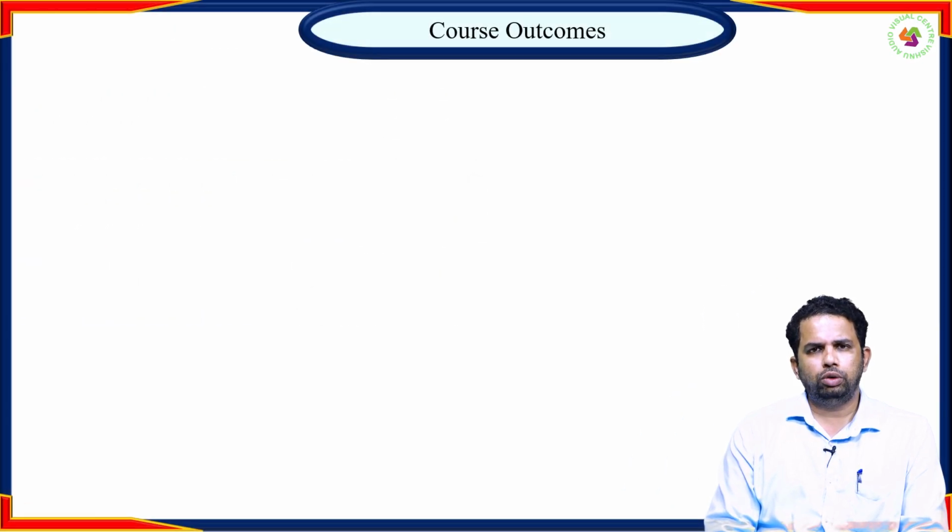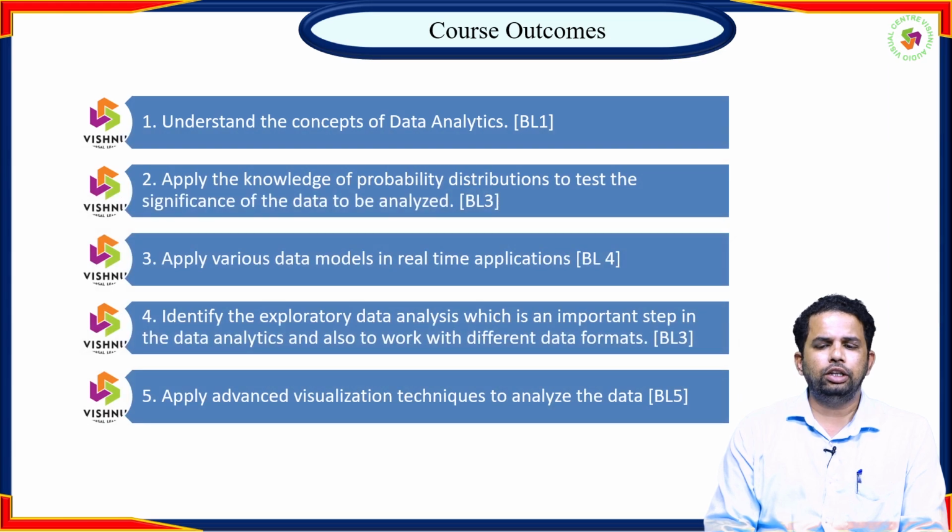The course outcomes are understanding the concept of data analytics, which relates to Bloom's level 1, a basic understanding purpose; applying the knowledge of probability distribution to test the significance of the data to be analyzed; applying the various data models in real-time applications; identifying exploratory data analysis, which is an important step in data analytics, and also working with different data formats.